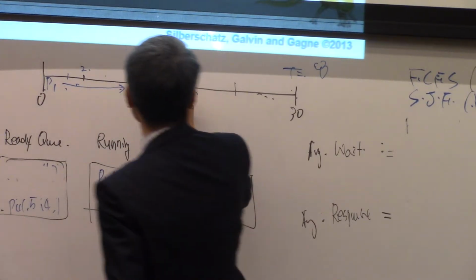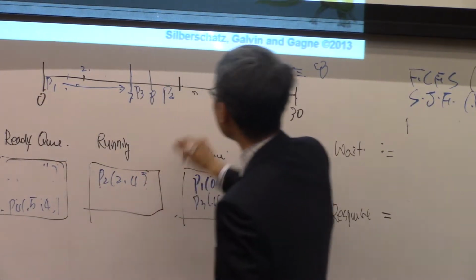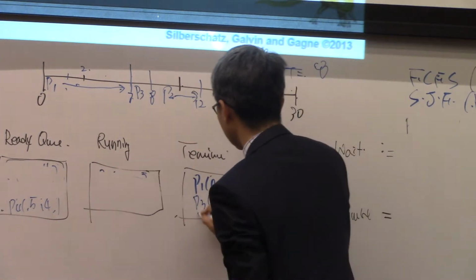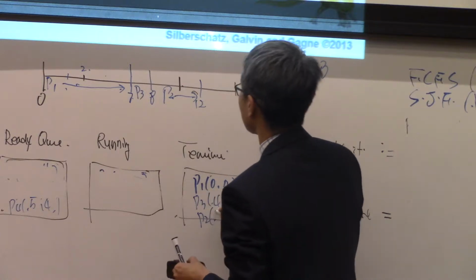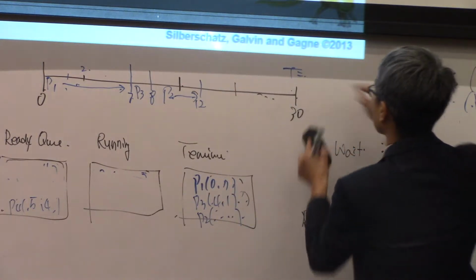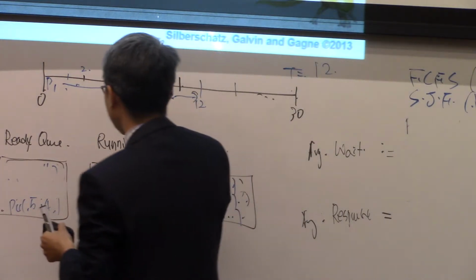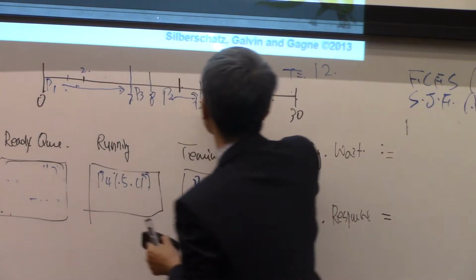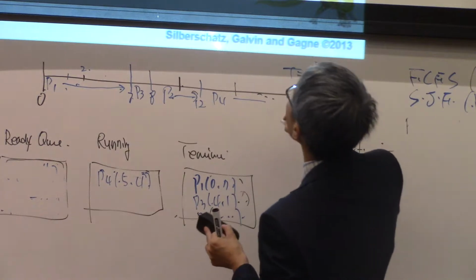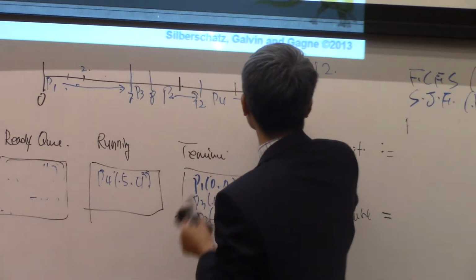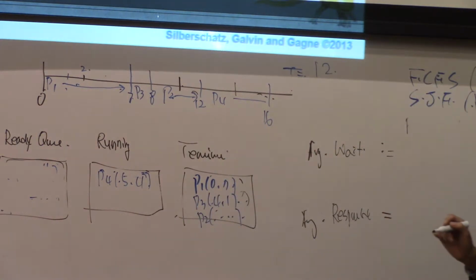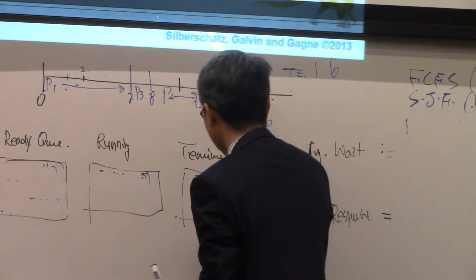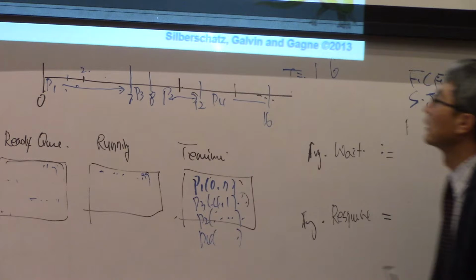P2 runs for 4, until 12. Then finally P4 is selected, and P4 needs 4, so it will be 16. Then all of them are terminated.